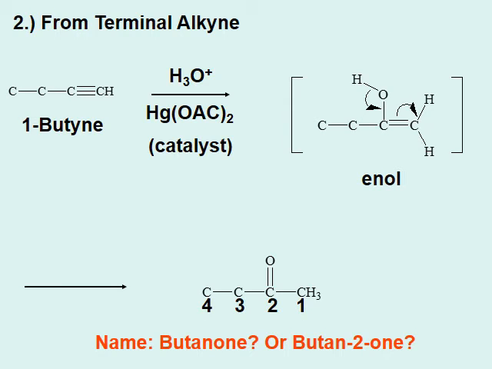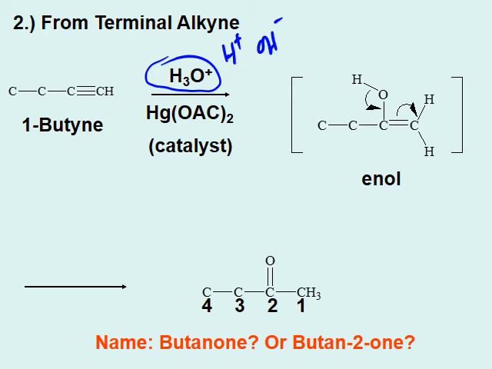Now, this is an alkyne group. And this is longest chain, has 4 carbon. That's why it's butane. So it's 1-butyne. And in presence of acidic water, so you have H3O plus there, water gets bonded as H plus and OH minus, and use Markovnikov's rule.